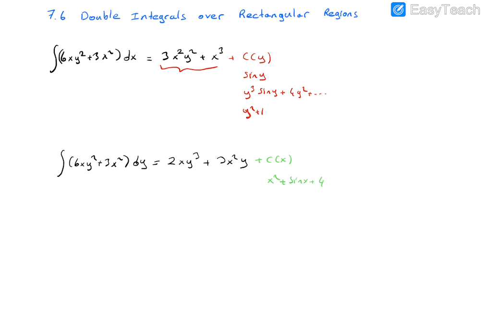We will write the integral of f of x, y dx to indicate the antiderivative of f of x, y with respect to x.